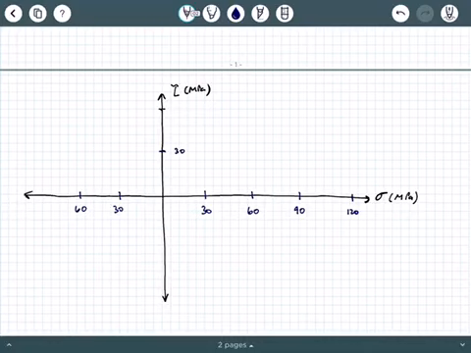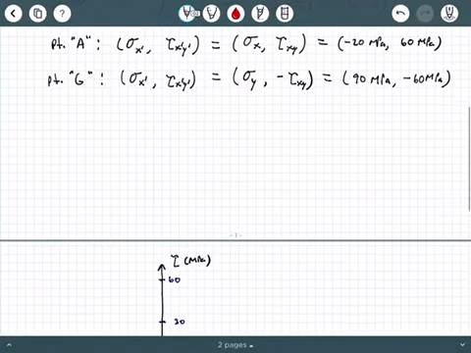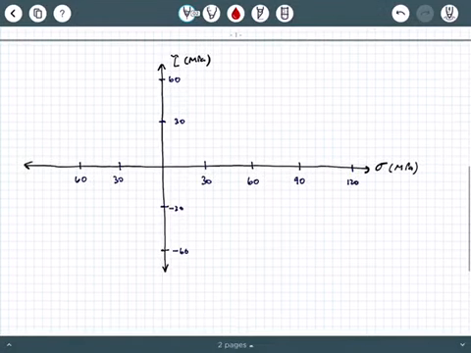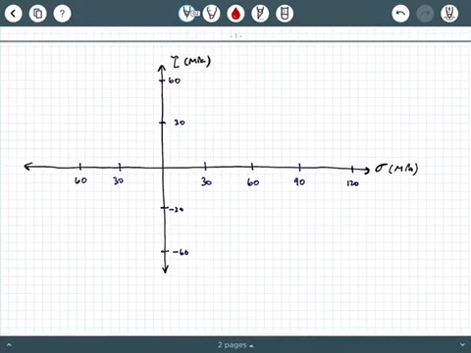So I am doing a bit of eyeballing here. You want to draw this as much to scale as possible when you're doing your homework. So that's 30 here, and we're going to have probably 60 here, a negative 30, and a negative 60.